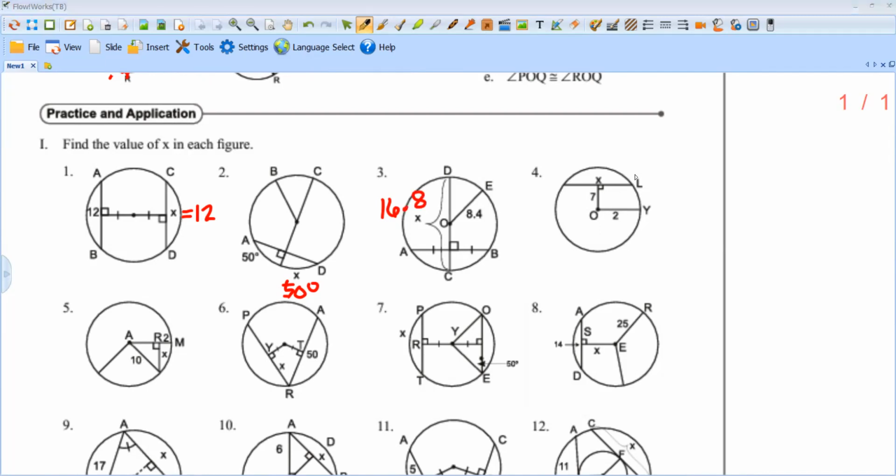Number 4. What is the value of x on number 4? DJ, what's the value of x? That chord.